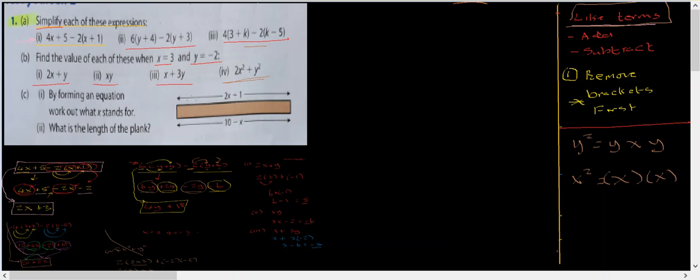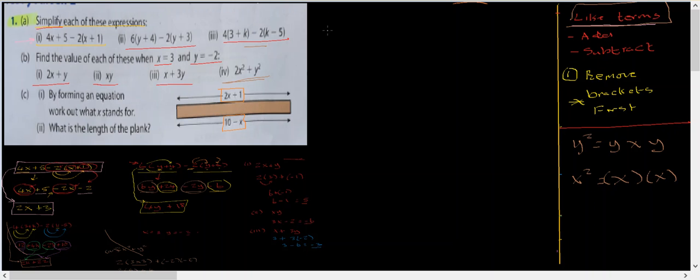We can see here that we have 2x plus 1, that's one side of the length, and then we have 10 minus x, that's the other side. Now we can say that these two expressions are equal to each other, because each expression represents the length of this plank. So therefore the two of them are equal to each other.